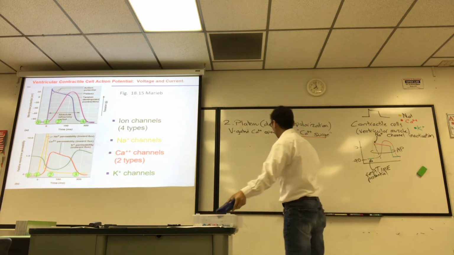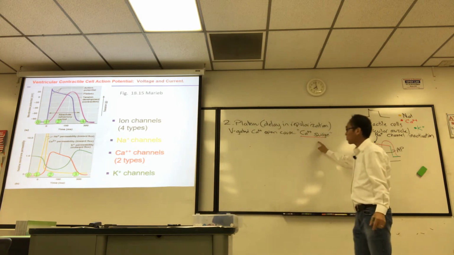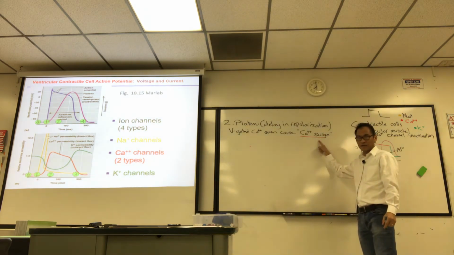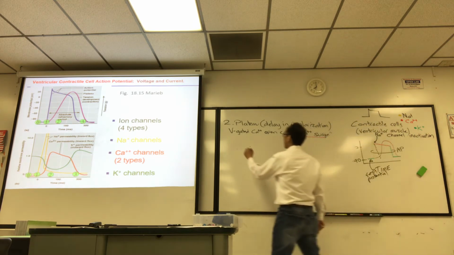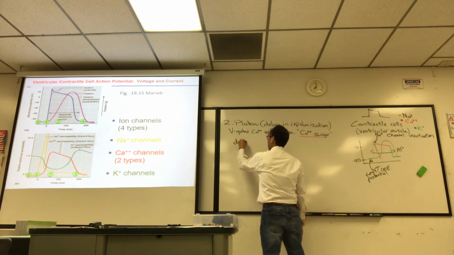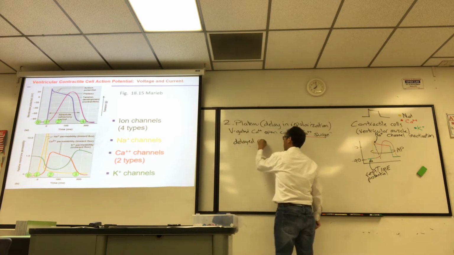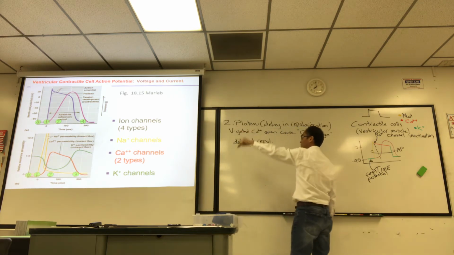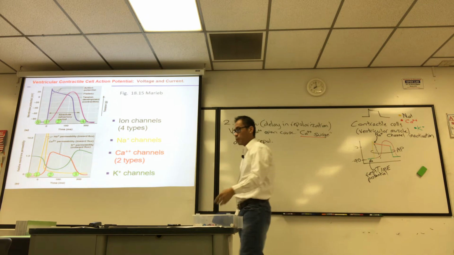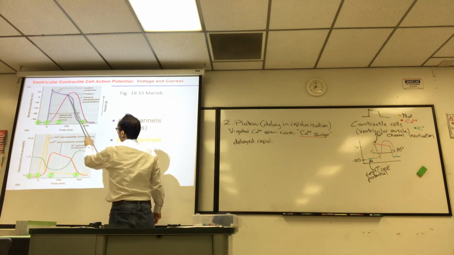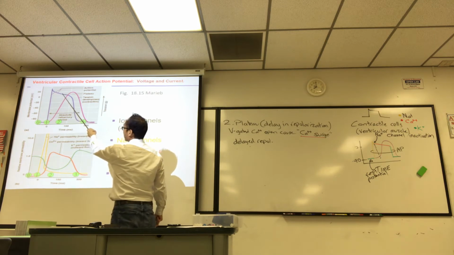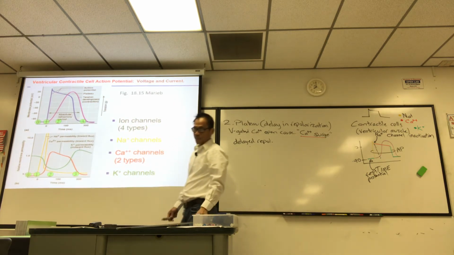But the first event that occurs is this calcium surge right after the sodium channel inactivation that delays the repolarization. So, delayed repol. If you want to put a number to that, if you want to take an average, I'd put it at something like 10. You stay depolarized at plus 10.